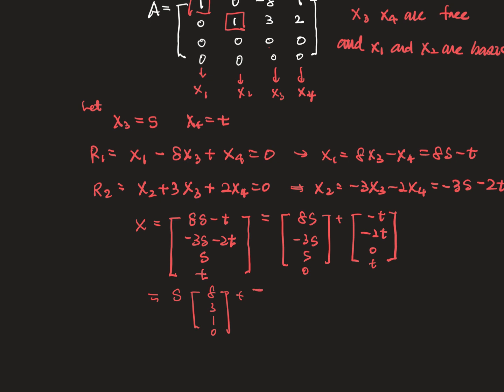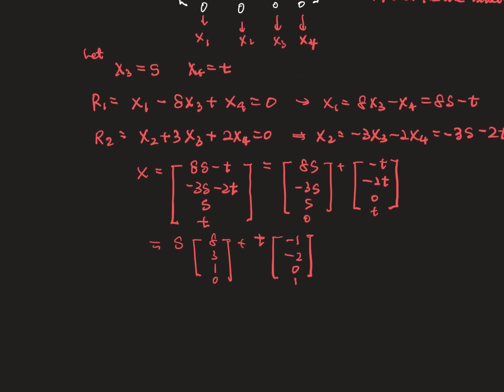In the second column, you're going to take out t. This one is negative 1, negative 2, 0, 1. So the general solution, how can we write it? I'm going to call this one the v vector and this one the w vector: s times the v vector plus t times the w vector. What are you going to say, guys? This is a linear combination of the v and w vectors.